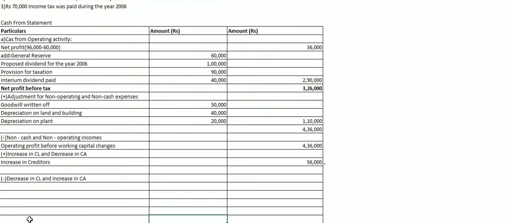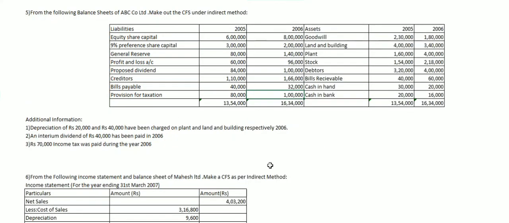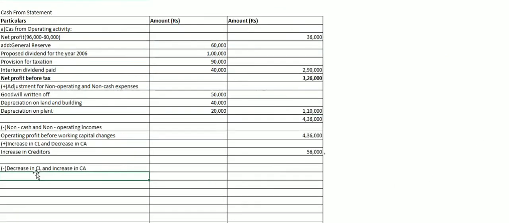If any current liability has decreased or if any current asset has increased, then you will minus it. In the question, you have decrease in bills payable, which is a current liability, so bills payable has decreased by 8,000.